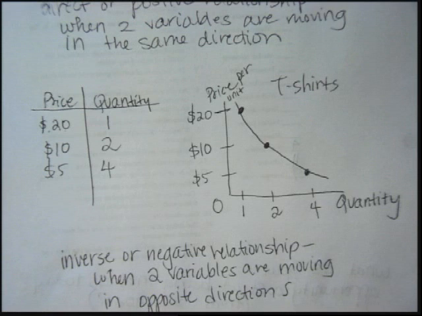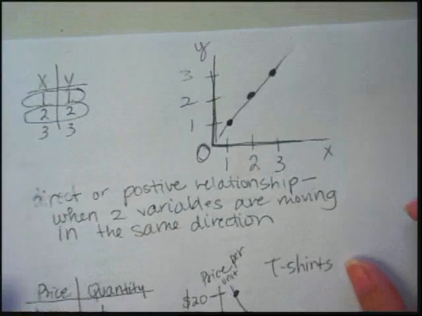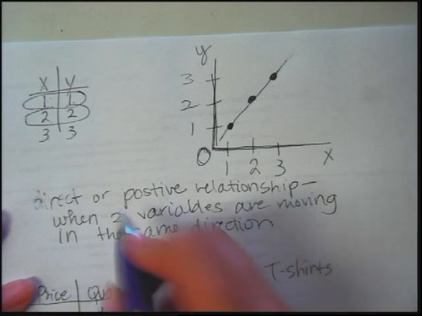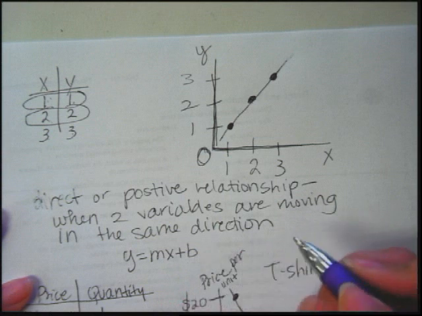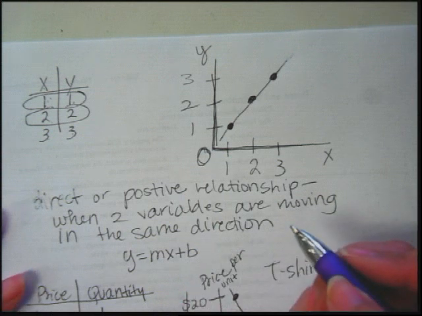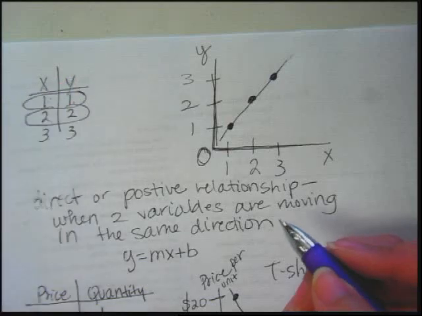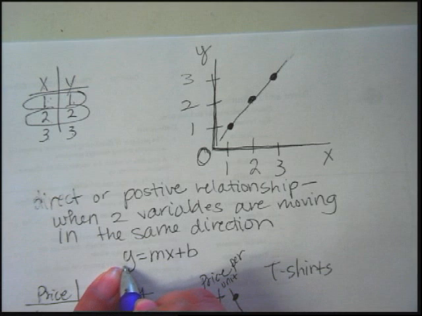And there are a couple of things that I want to point out to you. I'm going to come back up here and write it right in the middle. In math class, you might remember the equation of a line is y equals mx plus b. And we were using x and y up here in our first example. Who remembers, is y your dependent variable or your independent variable?